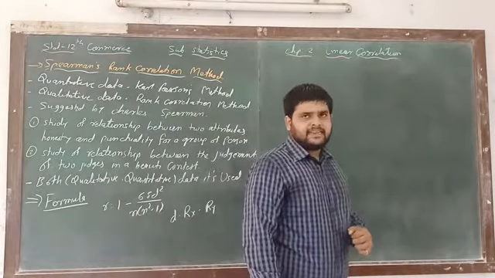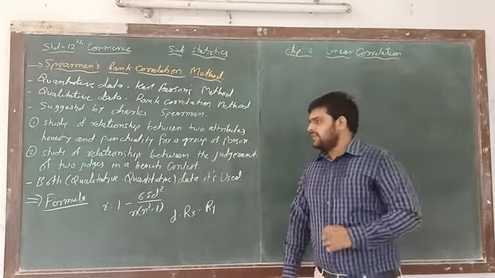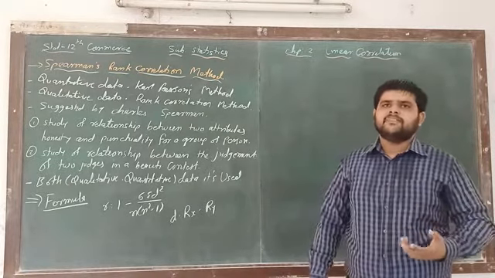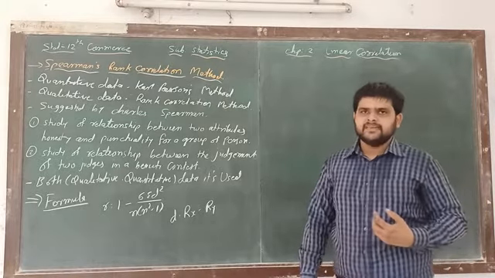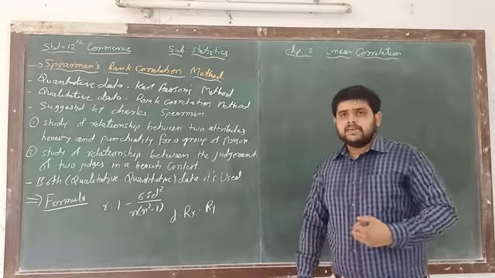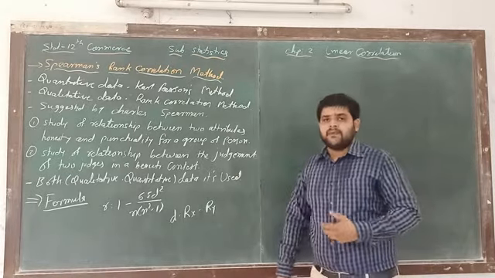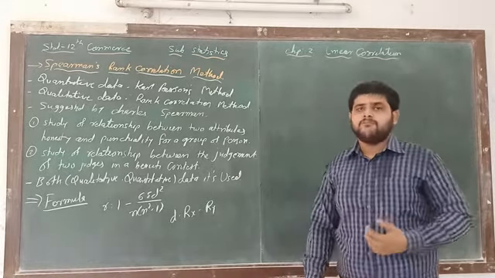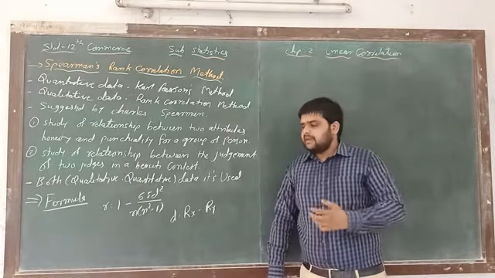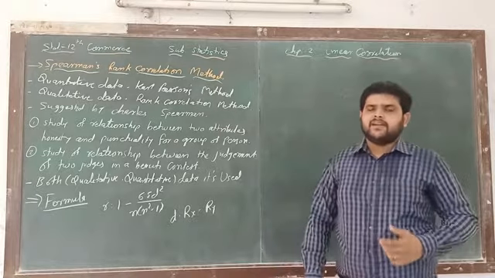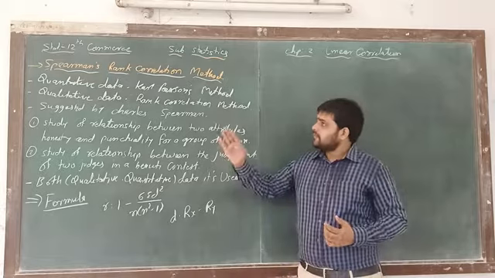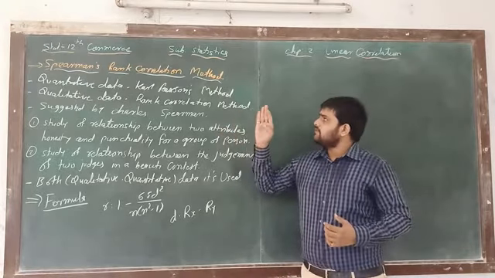Then there are three methods that we discuss. The first method is with the help of a graph. The second method is the Karl Pearson product moment method, which is totally based on a formula. The third method that we are going to start is again dependent on a formula, and that is the Spearman rank correlation method.